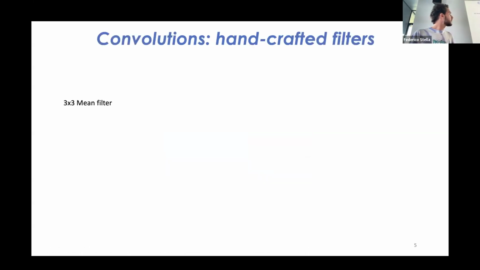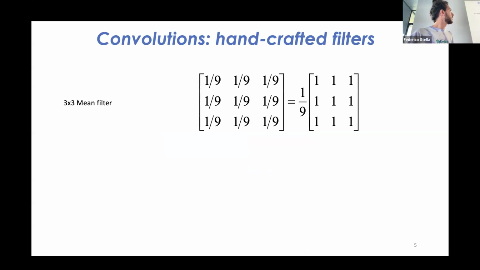So as I said, we can have handcrafted filters. For example, we can have a mean filter, which has this shape. Okay, so this is a 3x3 filter, as you can see. And if all the values are 1/9, it means that we are computing the mean of the neighborhood of the pixel we are computing for.